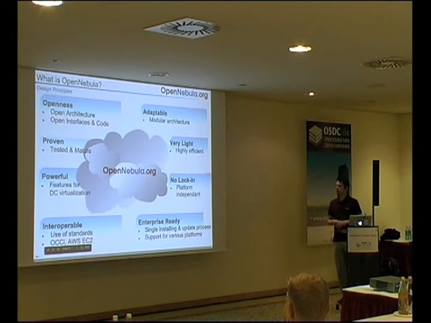It's interoperable, and the roadmap is not vendor-driven, so there's no vendor locking, or so we like to think. And it's enterprise-ready, meaning that it's being proven in massive, large-scale deployments, and we give a single install and update process and support for various platforms.